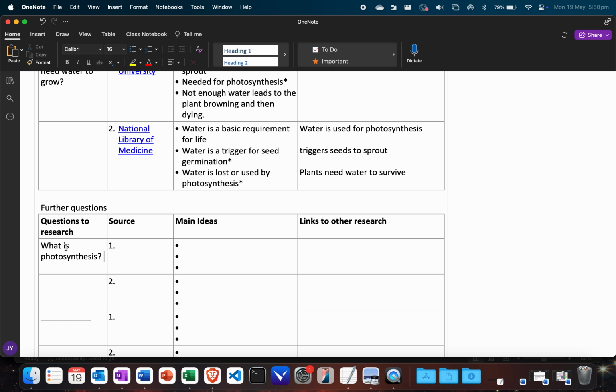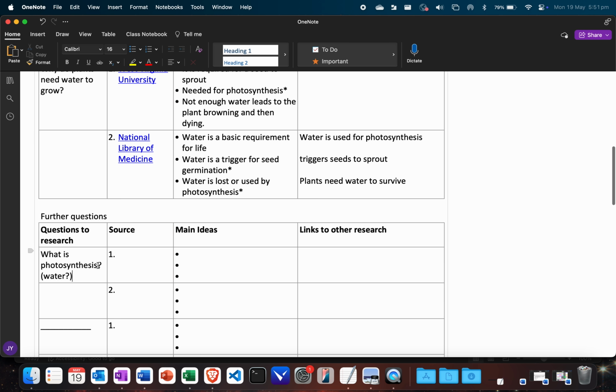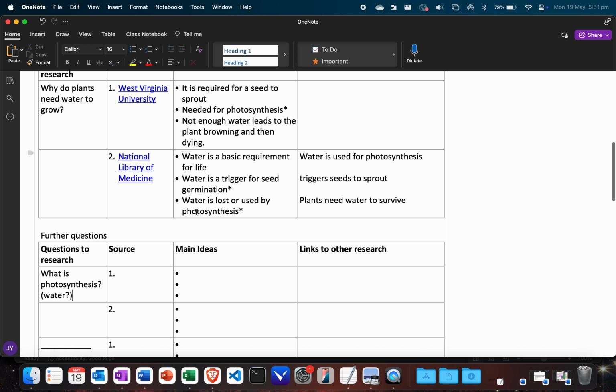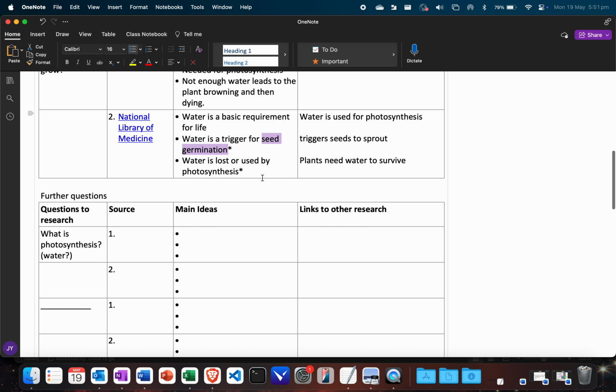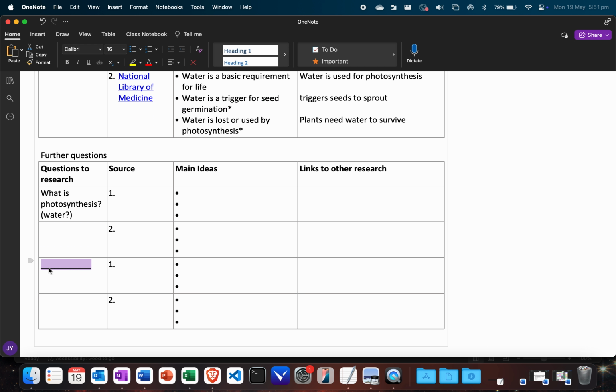Okay, and in my head I'm thinking, what's water got to do with photosynthesis? And then the next one I had was, what is seed germination? Okay, I don't know what that is. What is seed germination?